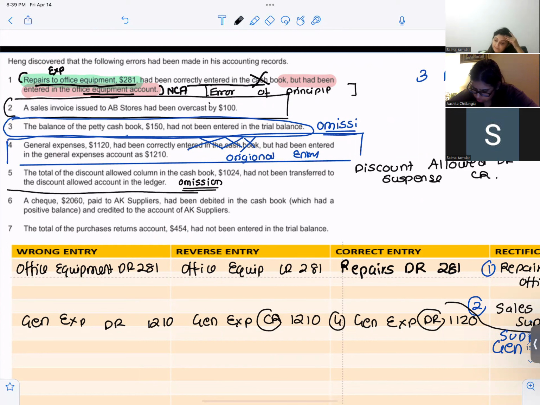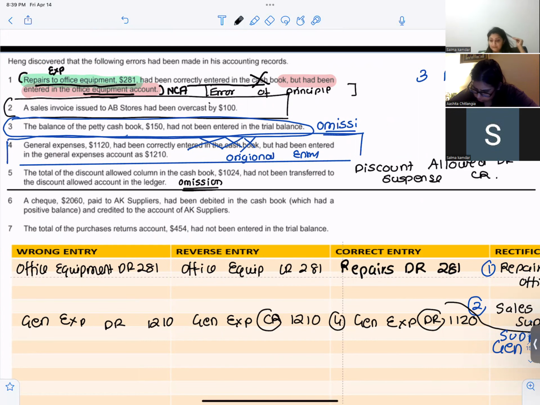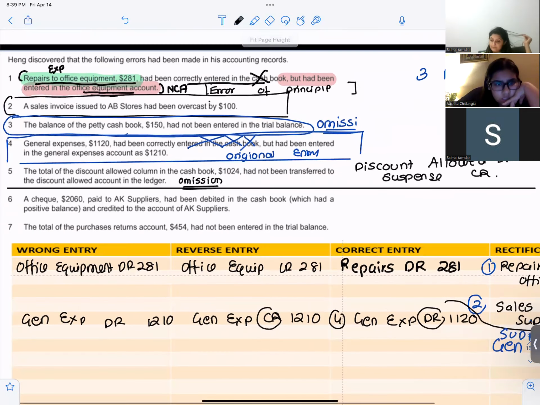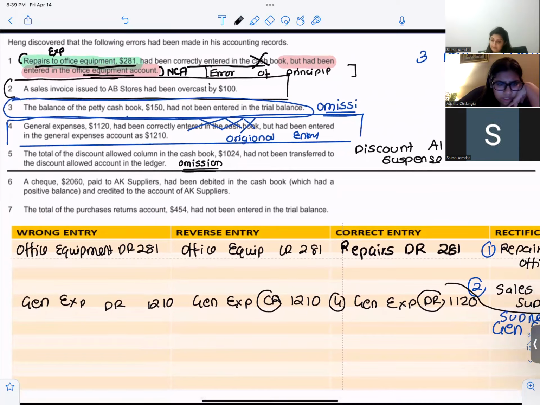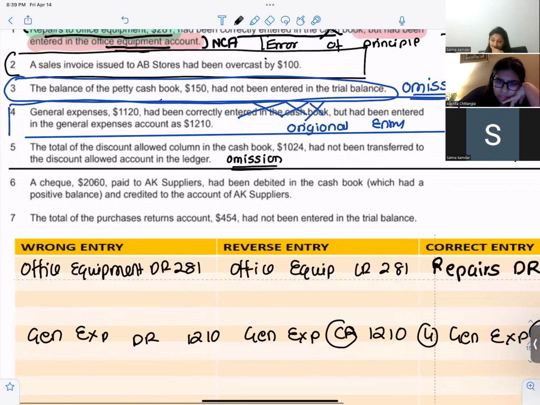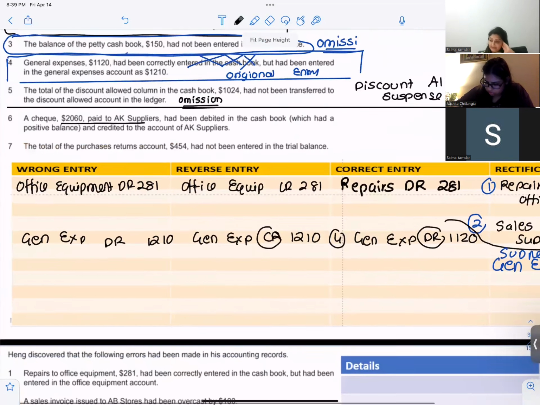Next one. A cheque of $2060 paid to AK suppliers had been debited in the cash book, which had a positive balance, and credited to the account of AK suppliers. When you pay money to AK suppliers, what should the journal entry be?